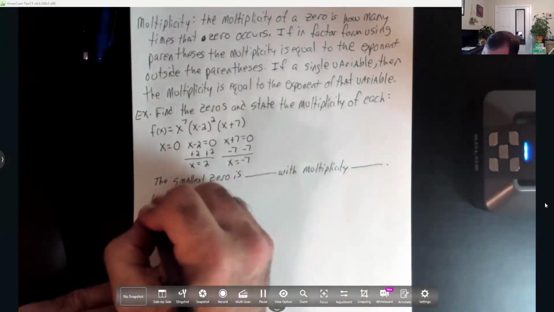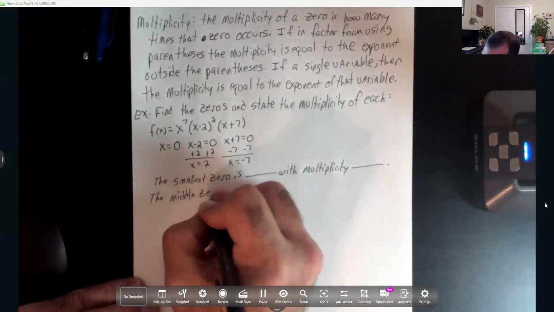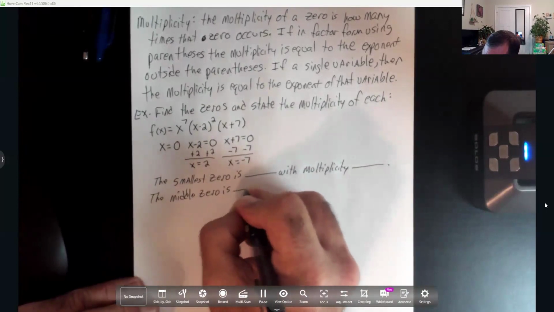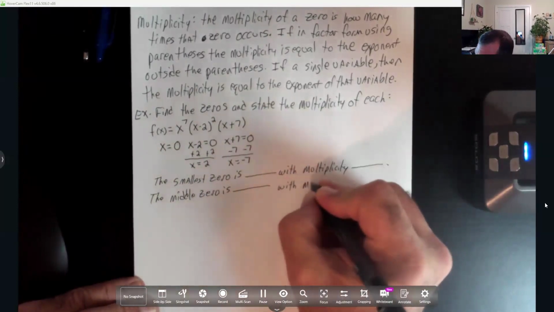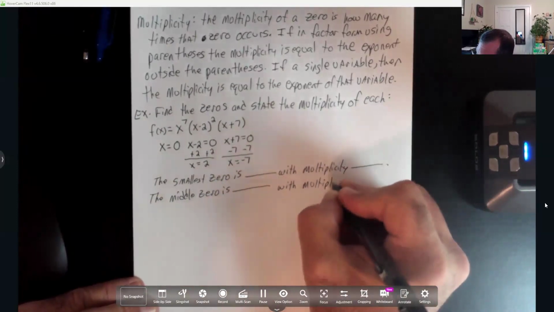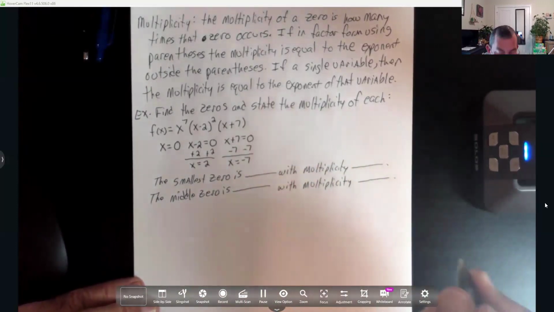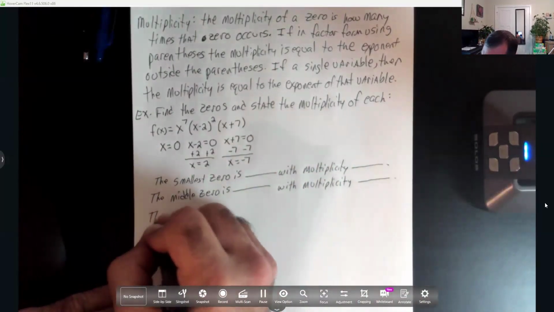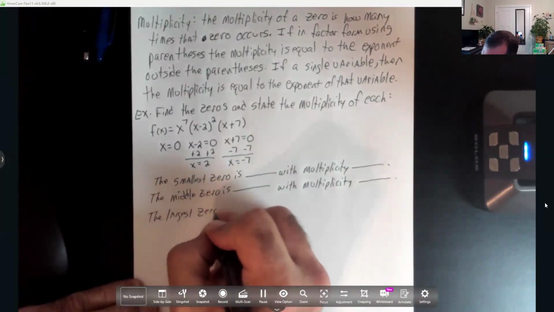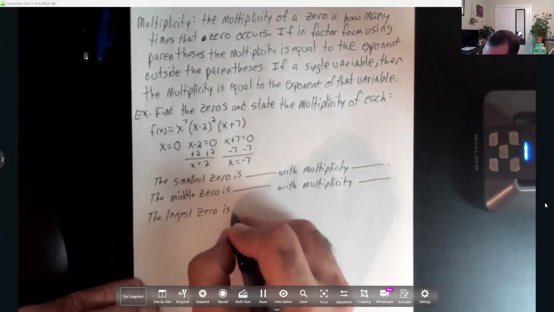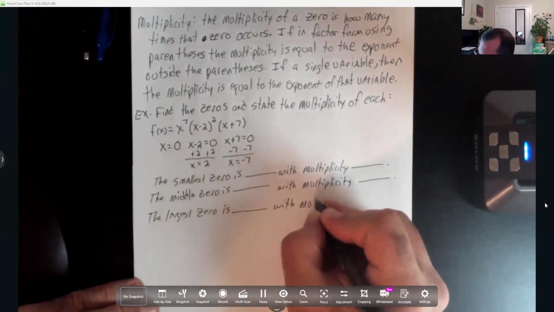The middle 0 is blank with multiplicity blank. And finally, the largest 0 is blank with multiplicity blank.